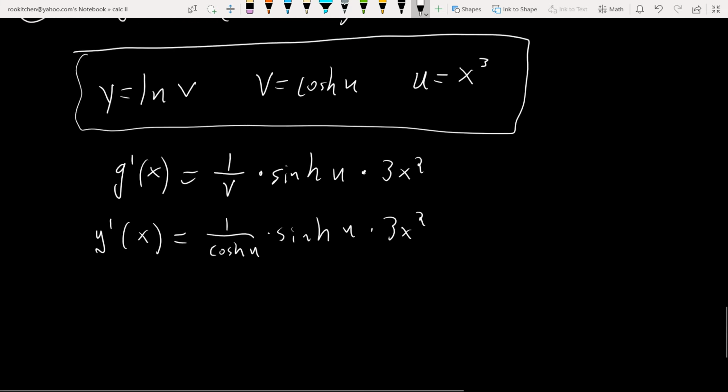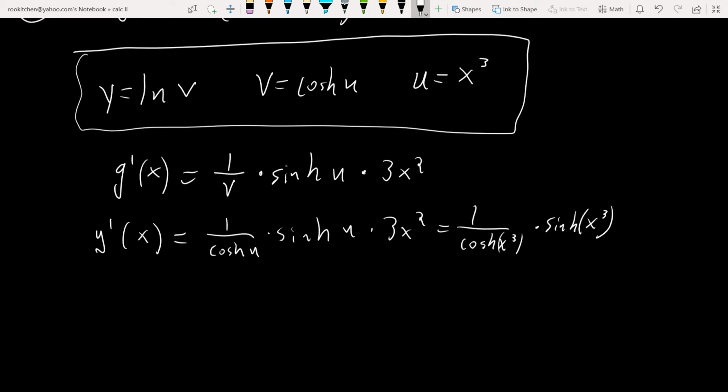And then we could back substitute for u. So we would have sinh of x cubed over cosh of x cubed times 3x squared. And then you could use your identities, which are in the book. There's all kinds of identities listed in the book to simplify this. This identity we already know. Sinh over cosh is going to give us tanh.